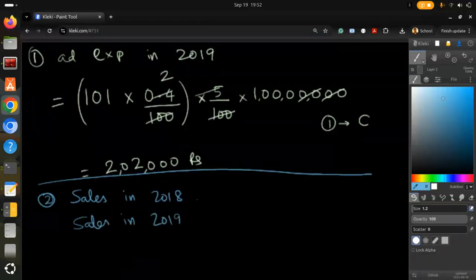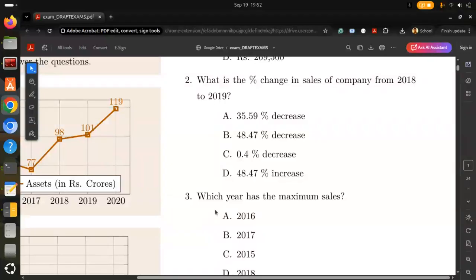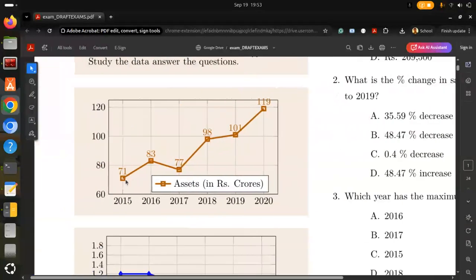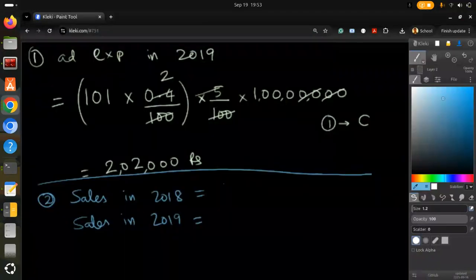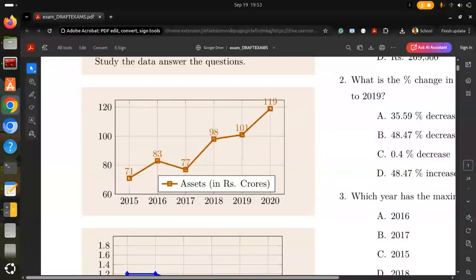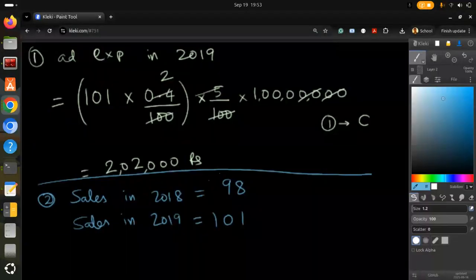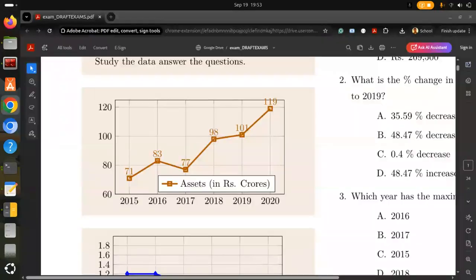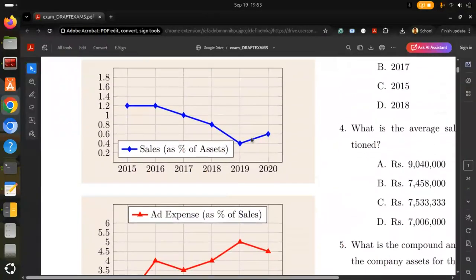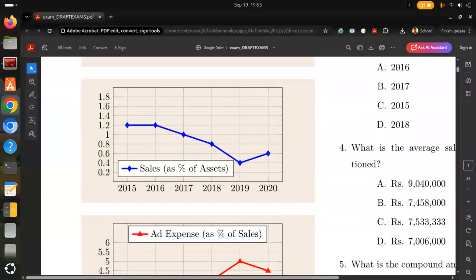Let us first figure out these two values. Here, 2018 is 98 crores in assets, and 2019 is 101 crores in assets. So first I will write 98 and 101. Once again, cross check: 2018 is 98, 2019 is 101. Now I got the assets. But what is sales? Sales is given as a percentage of assets for 18 and 19.